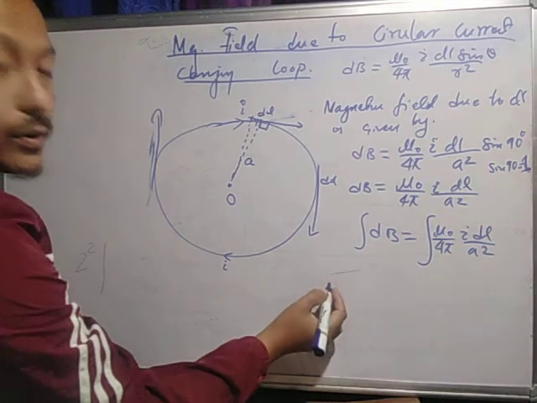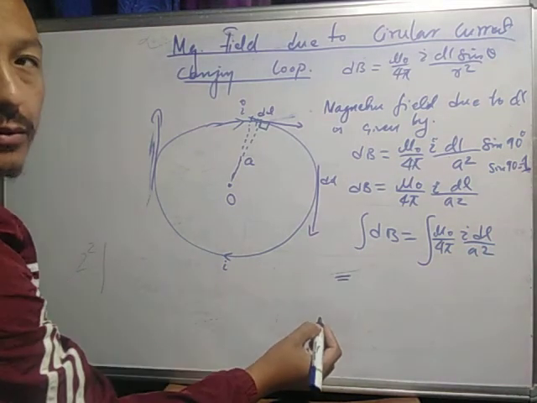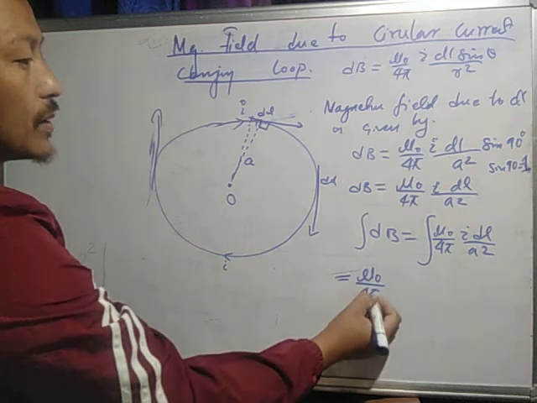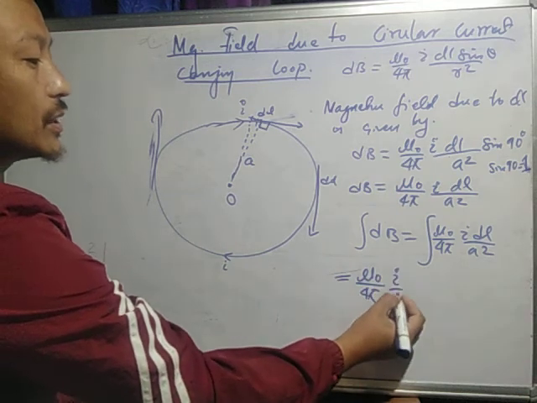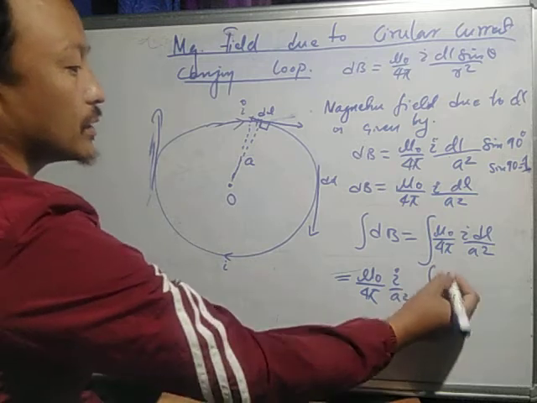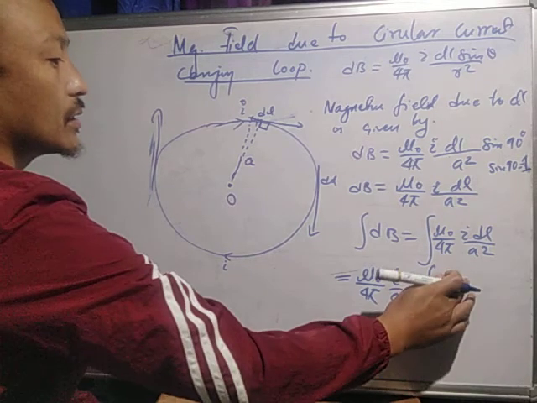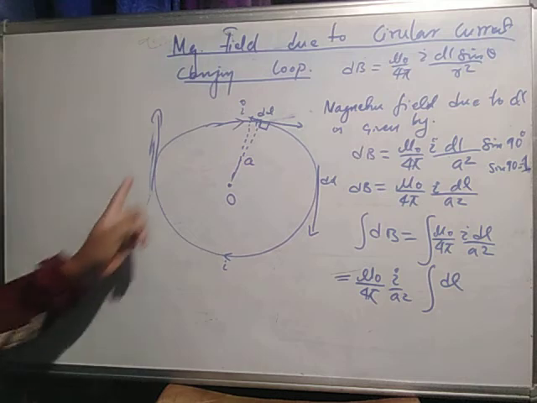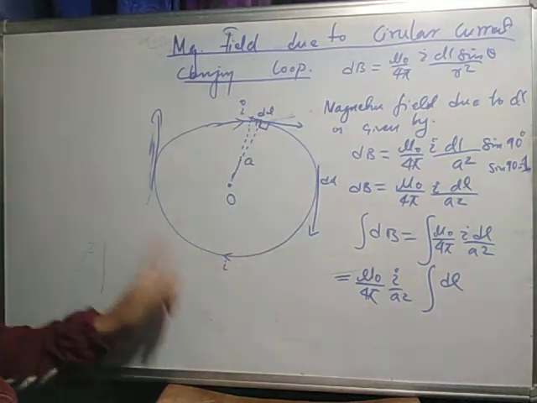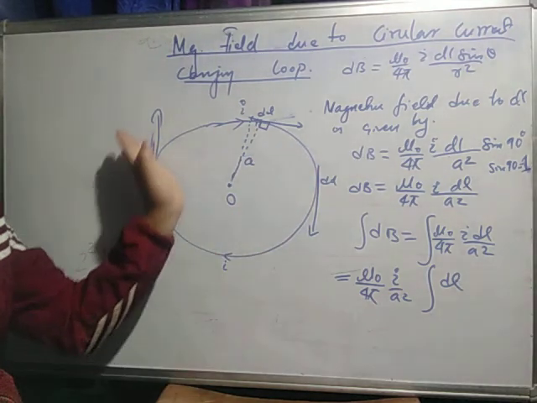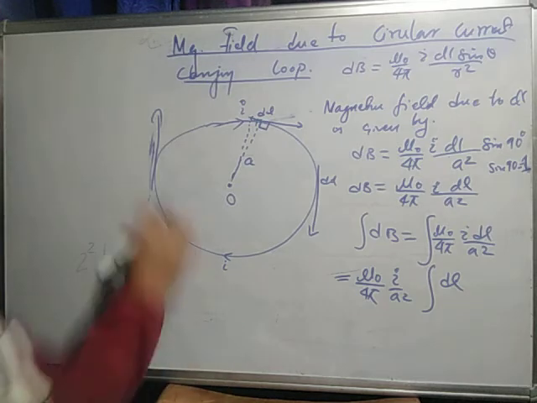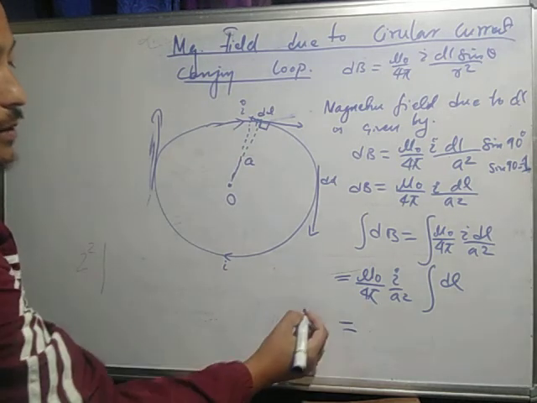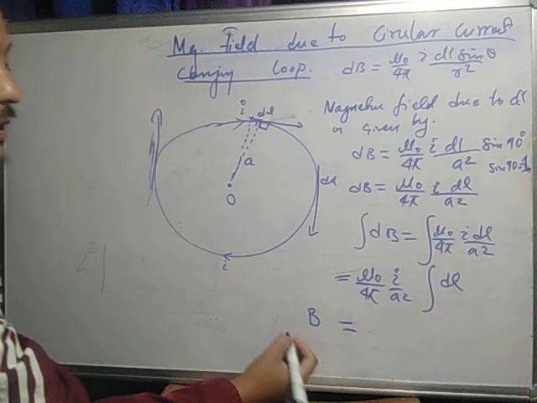So take out the constant, mu naught by 4 pi constant, I also constant, a also constant, you have to integrate dl, isn't it? When we add all the dl, we will get the circumference of a circle, isn't it? So dB becomes B, that is your net magnetic field.